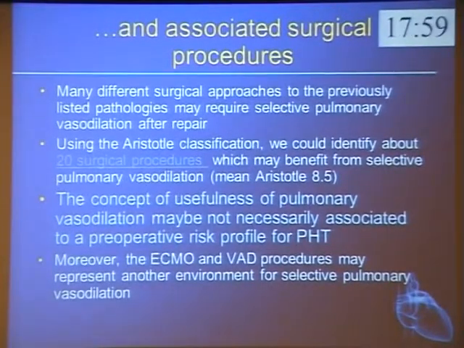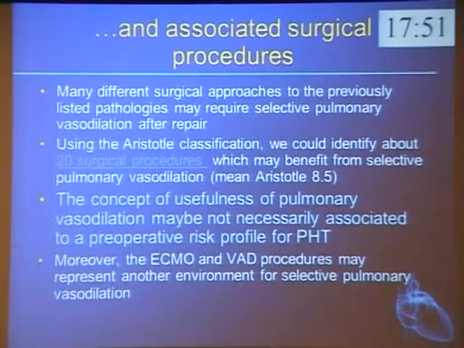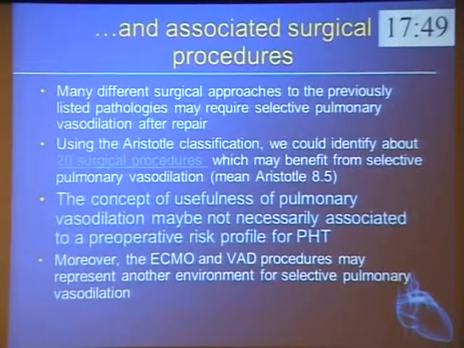And using the Aristotle classification, the Aristotle score, we can identify more or less 20 surgical procedures that may benefit from selective pulmonary vasodilation. And those surgical procedures have a higher Aristotle score, a mean Aristotle score of 8.5.